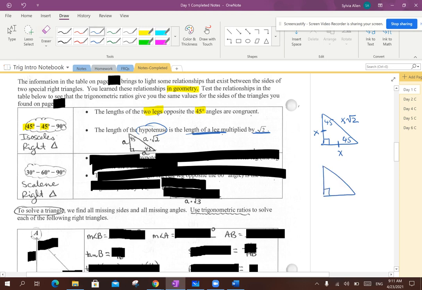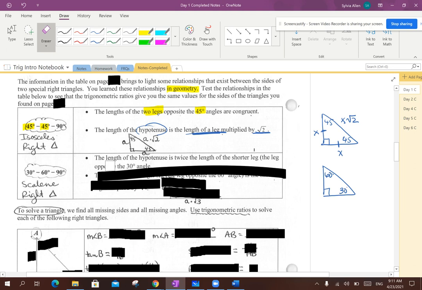Okay. So I've got a right triangle. I got 30 degrees. I've got 60 degrees. And so there's a couple of properties that exist here. The length of the hypotenuse is twice the length of the shorter leg. So if this is the shorter angle, this is S for the short leg, right? It's opposite. Then that means the hypotenuse is 2 times the short leg, right?